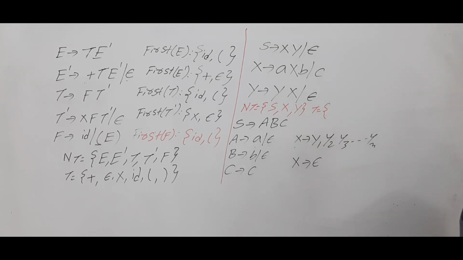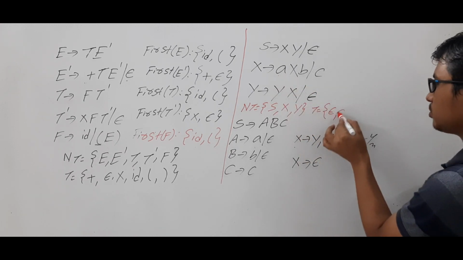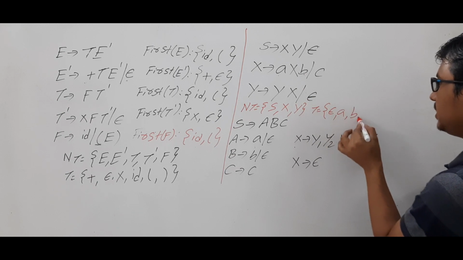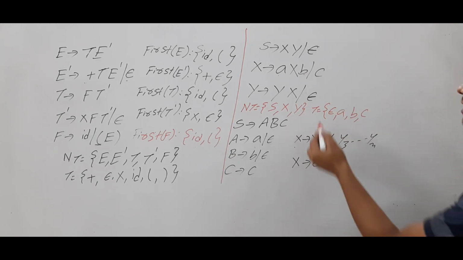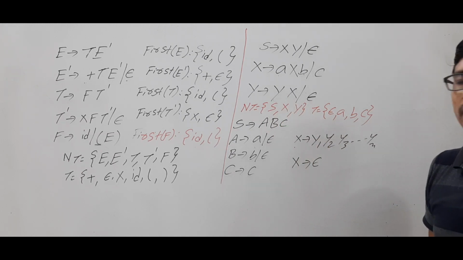One is epsilon; whether I consider epsilon or not does not bother us. And I have a small a, a small b and a small c. Is it clear? Because here capital X and capital Y are the non-terminals and epsilon I have already considered.